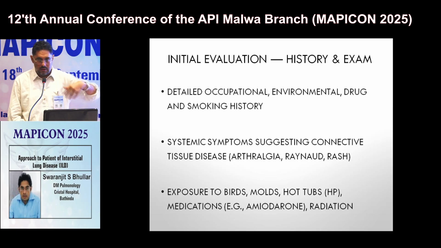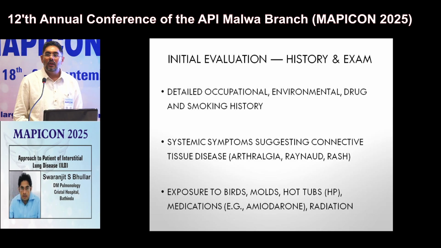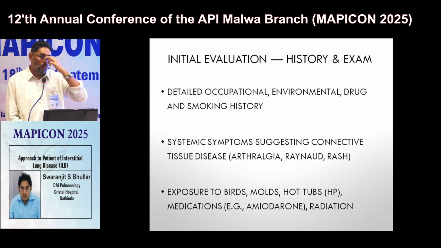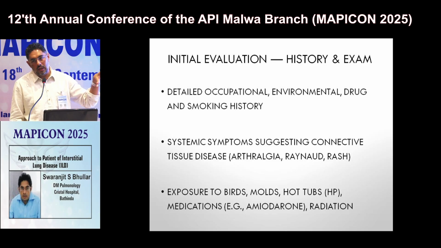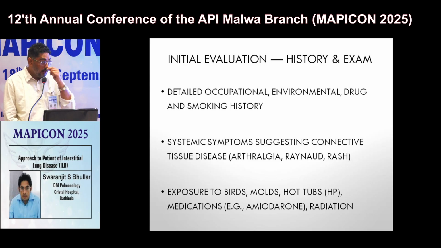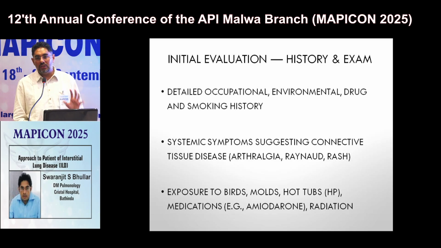Here in areas around Bathinda, you will see a lot of rural population, even urban population, who keep pigeons for recreational purposes, they play different games or do betting on the pigeons. So they have 200, 250 pigeons somewhere in their own house. In most of my hypersensitivity pneumonitis patients, I have seen that the exposure to pigeons is significant. So that is the most important thing.